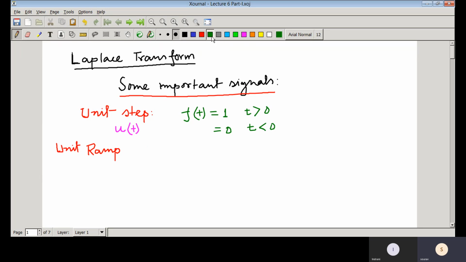It is defined as f(t) equal to t, as it is a unit ramp so the slope is 1, when t greater than or equal to 0, and equal to 0 when t less than 0. This unit ramp function is normally denoted as r(t).